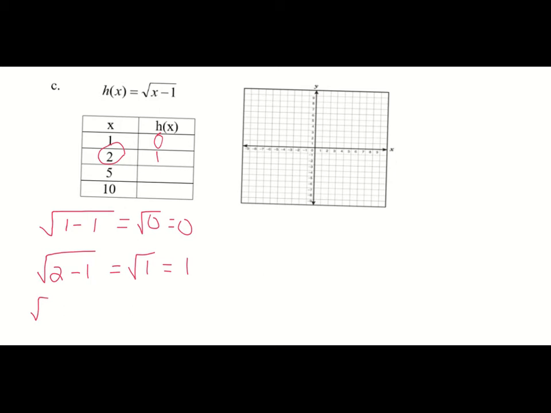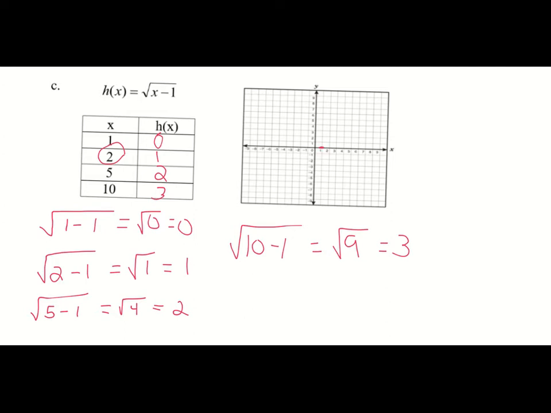Then we're going to do 5 minus 1, and that gives me the square root of 4, which equals 2. And then we have the square root of 10 minus 1, and that's going to equal the square root of 9, which equals 3. So I'm going to plot my ordered pairs. First is 1, 0, so that will be right there.